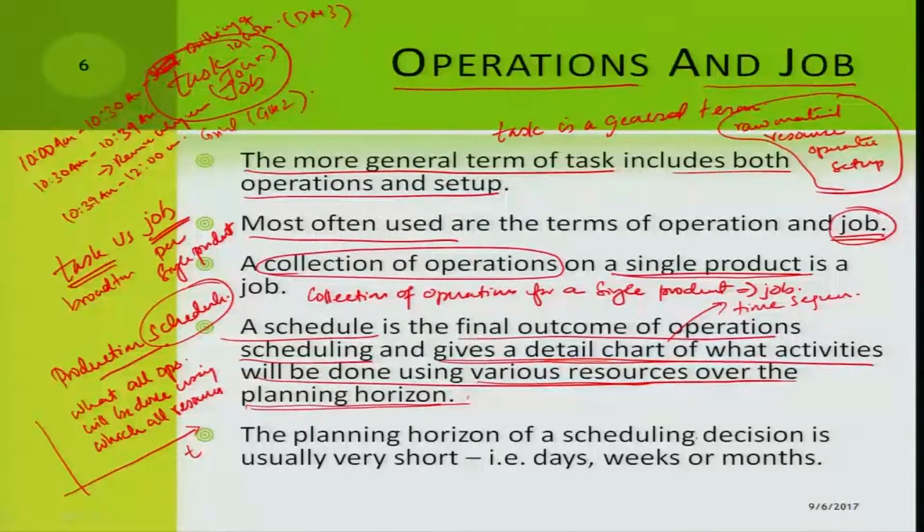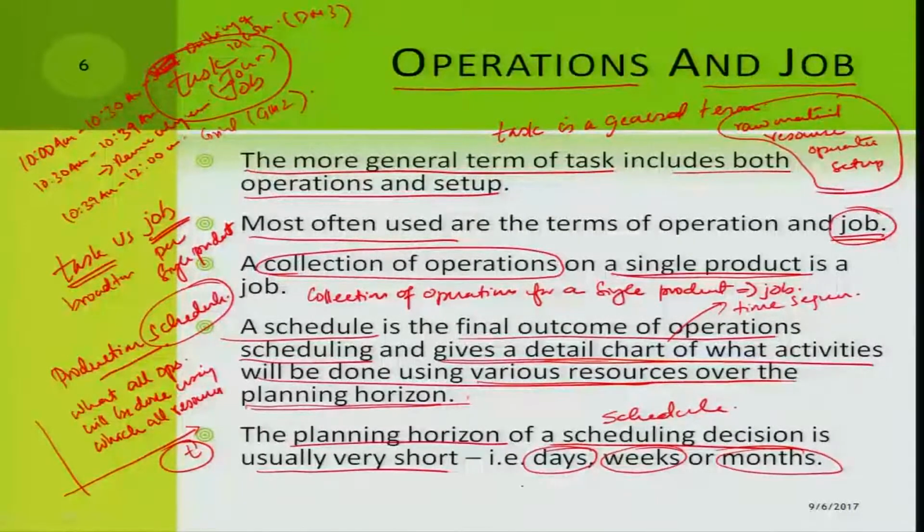The planning horizon of a scheduling decision, or a schedule, is usually very short. You either plan for days or weeks, at the max a month. So you typically go to 24 hours or 48 hours, or a 5-day week or 7-day week, or a 30-day month.